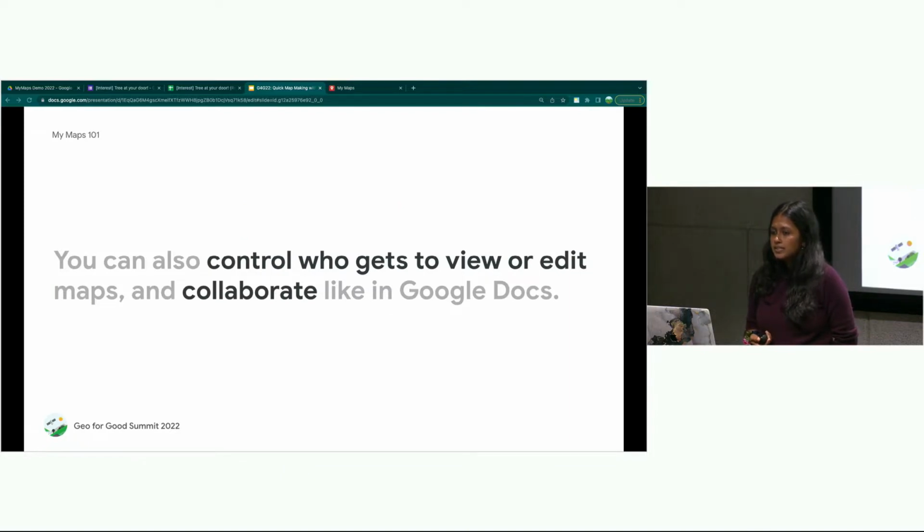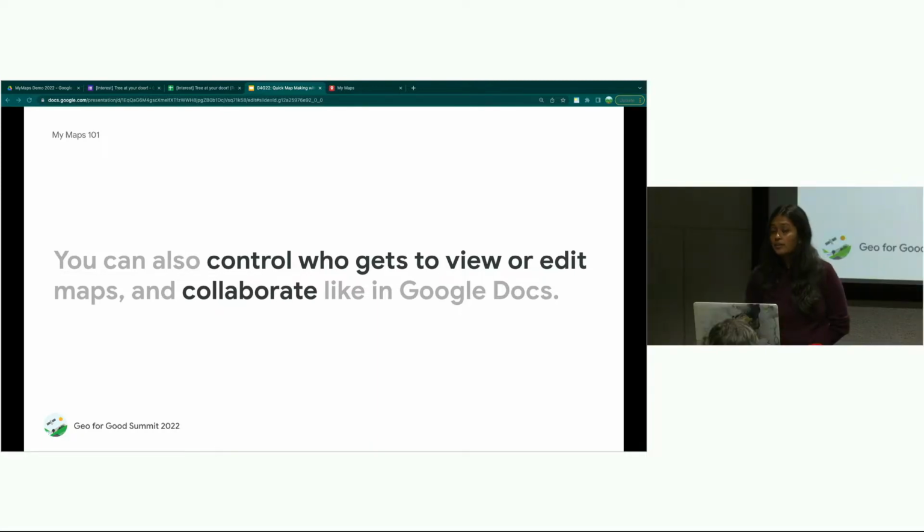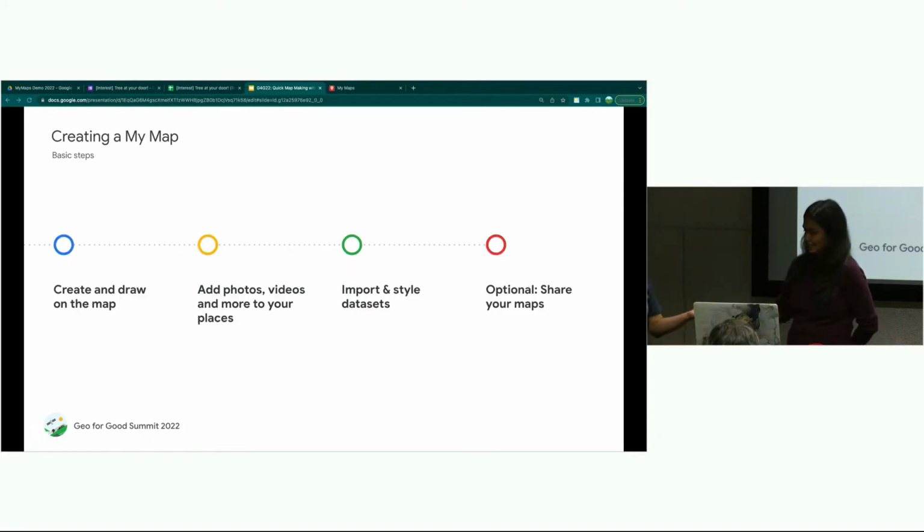Last but not the least, My Maps are great for sharing. Just like how you share a Google Doc or a Google spreadsheet, you can share a link, make it public. You can also create a collaborative map that other folks in your organization or even the community can crowdsource and populate. With that, I'm going to hand it over to Justine, who's going to teach you how to create a basic map in My Maps.